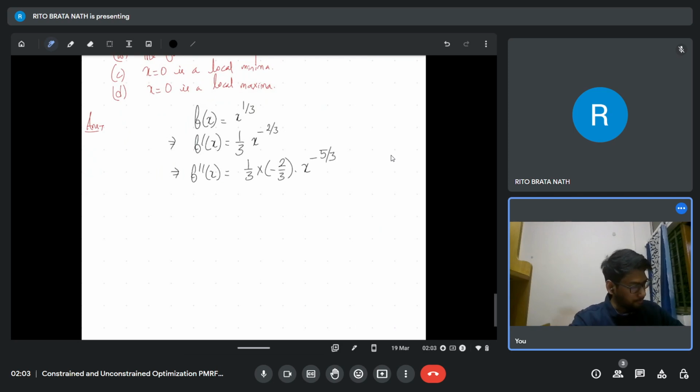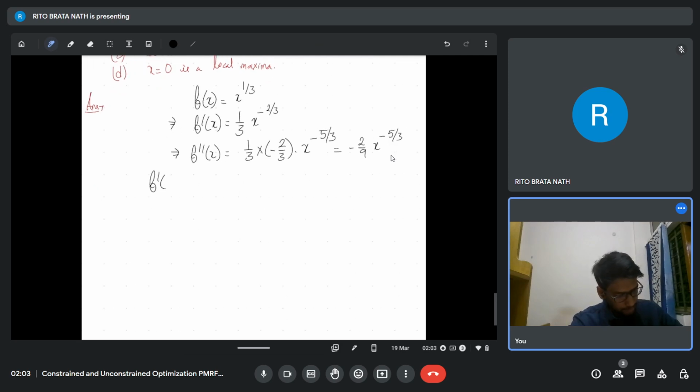Okay, so it will be minus 2 by 9 x to the power minus 5 by 3. So what you can do, you can set f prime x equals 0. So it's 1/3 of x to the power minus, so it gives you x equals 0. Okay.